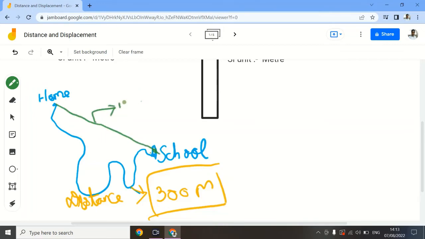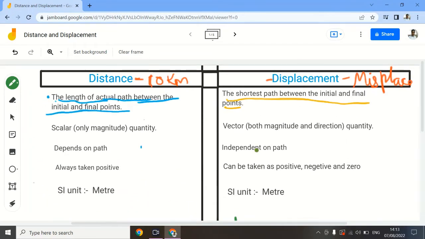Let me give you an example. We will consider this as 120 meter, and this is the displacement. This is way shorter than the other, and it's very easy to reach the destination.